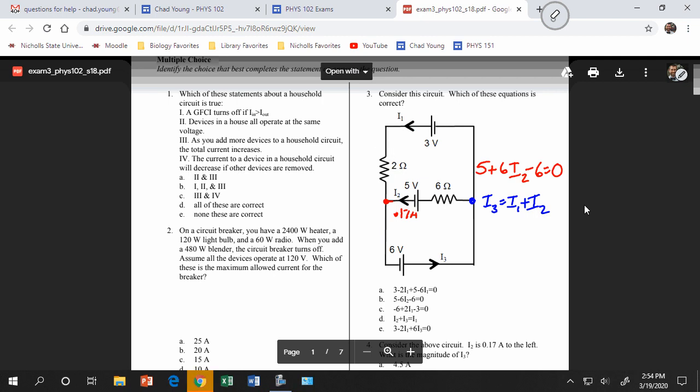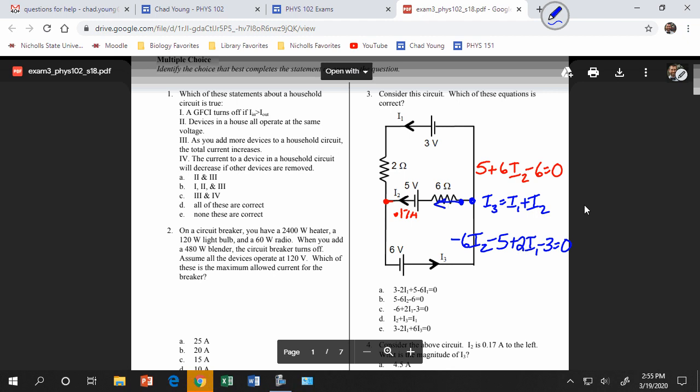Let's use the top loop. So I'm going to start here and go in that direction. I'm going to go in the same direction as I2. So that's going to be minus 6I2 minus 5 plus 2I1 minus 3 equals 0.